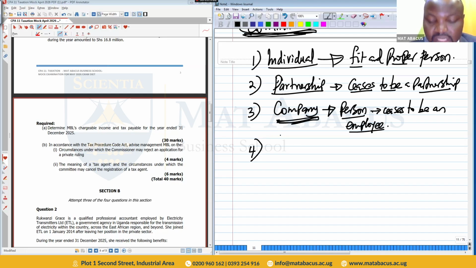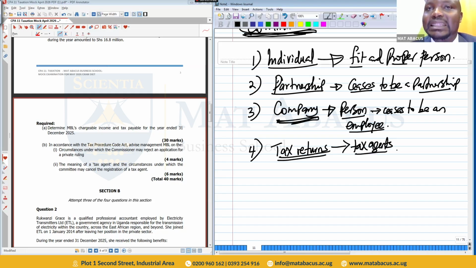4, where the tax returns prepared by this individual, the partner, by the tax agent, contain material misstatements, which are false.